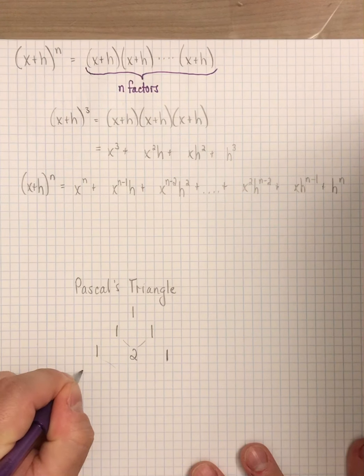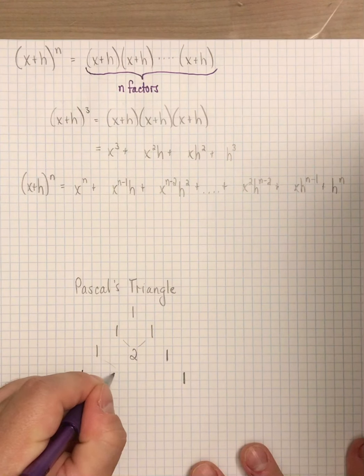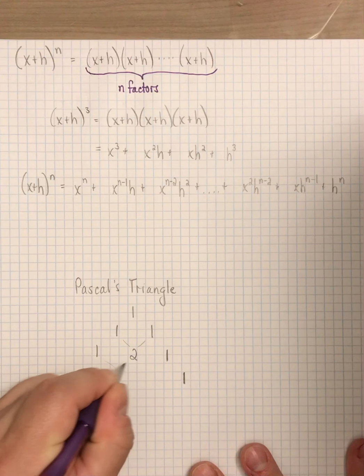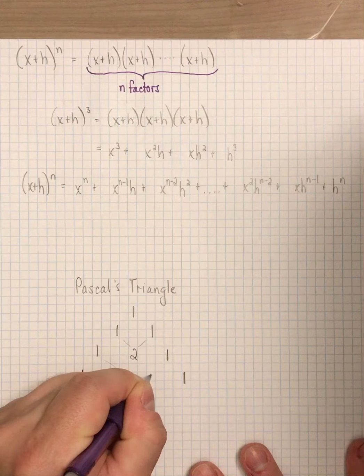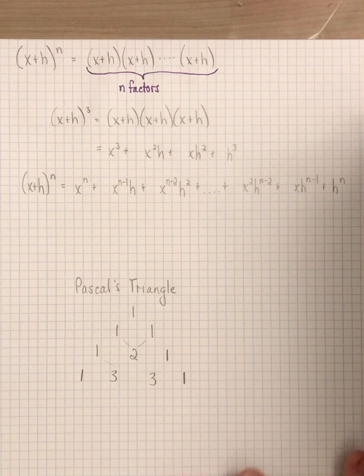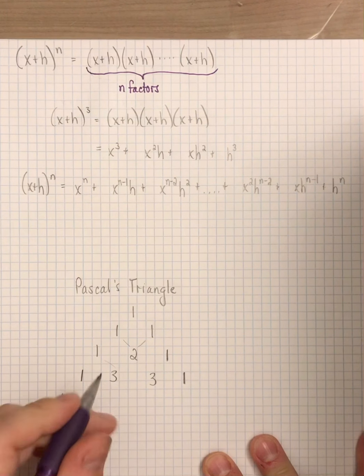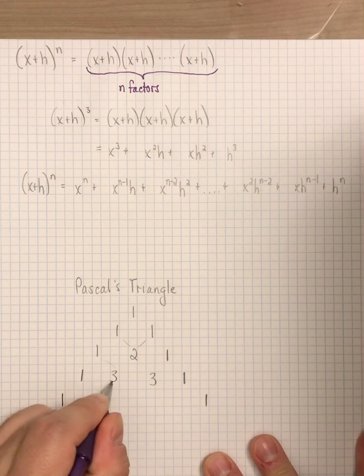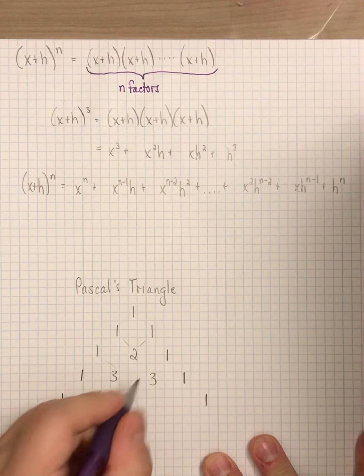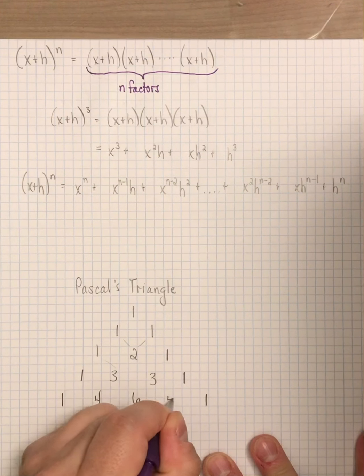So in the next row, we'd have, again, 1s on the outsides, and then this spot here would be 1 plus 2, 2 plus 1. Note the symmetrical nature of this, just by the way. In the next row, 1 on each end. In the middle, we would have 1 plus 3 is 4, 3 plus 3 is 6, and 3 plus 1 is 4.